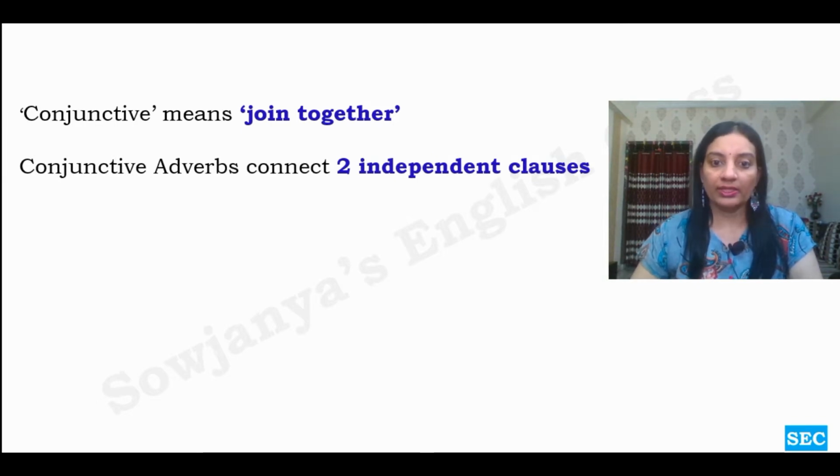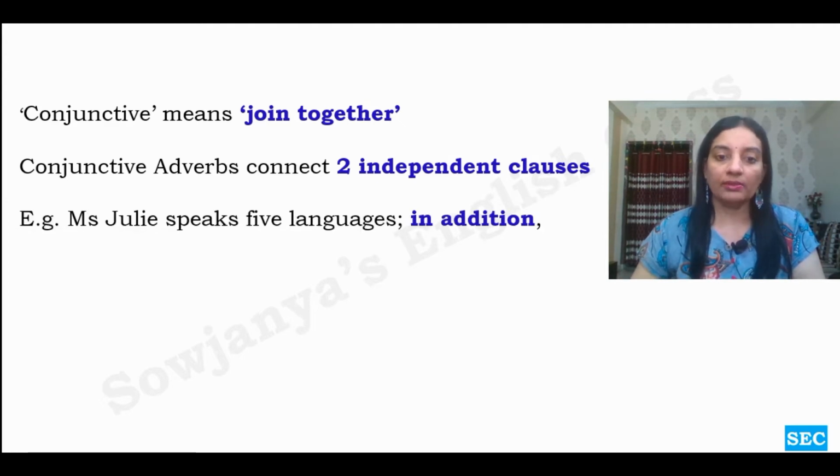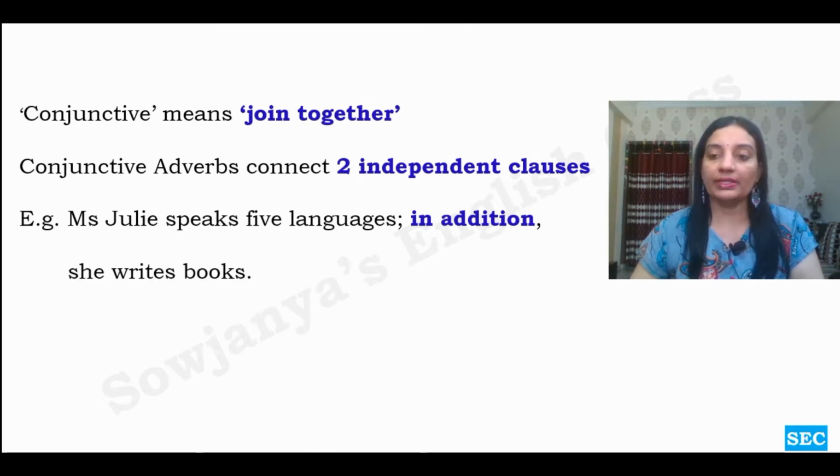Conjunctive adverb connects two independent clauses. Each clause should have a subject and a finite verb. That is like compound sentences. Miss Julie speaks 5 languages. In addition, she writes books.